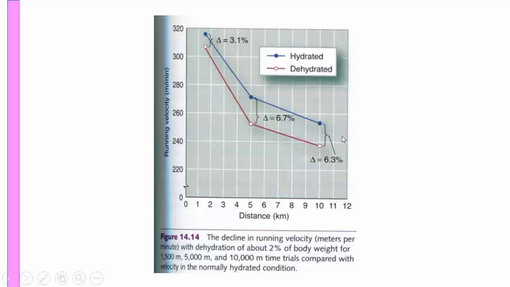Again, this person is running at a slower speed when they are dehydrated compared to hydrated. So they decreased by about 6.3%. So you need to really make sure that you stay hydrated in the heat, because if you are dehydrated, you can't perform as well due to your decrease in stroke volume.